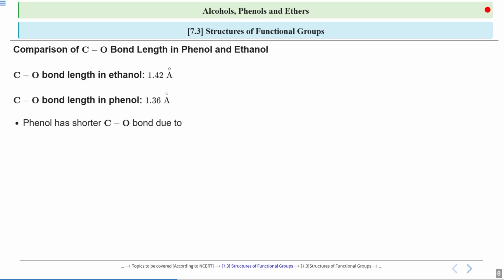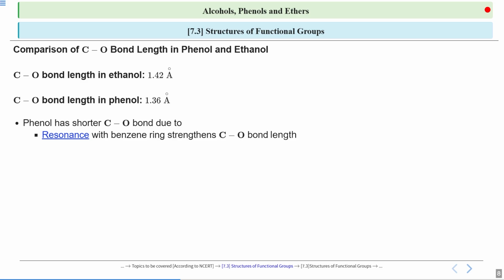Why is it so? First of all, it is due to the resonance shown by the benzene ring, which strengthens the CO bond. Due to the resonance shown by the benzene ring in phenol, the CO bond is going to be stronger, and a stronger bond means the bond length will decrease, because if the bond length is shorter, the bond is stronger.